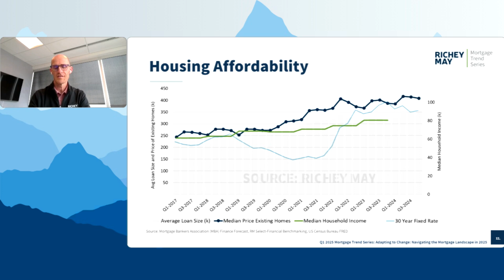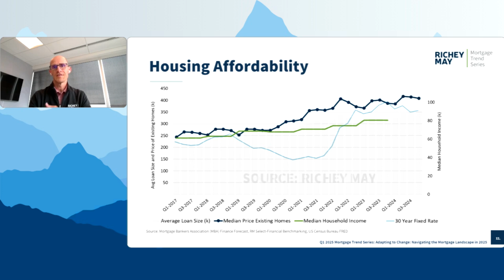If you were to draw trend lines there, it would show that median incomes have not kept up with median home prices, and interest rates, as they've increased over the last couple of years, have made it increasingly difficult for people to qualify, particularly first-time home buyers.